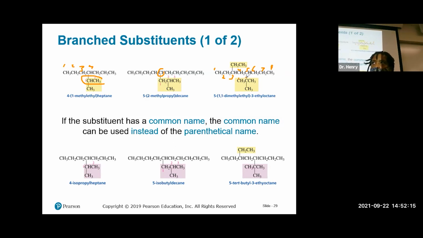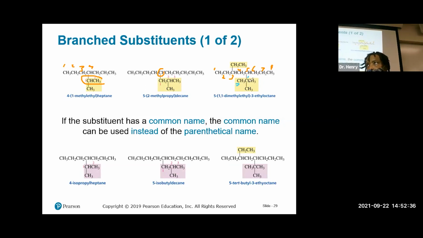Sorry, take that back. Let me put it in a different color, and it should be 1 at the one that's attached to the main chain. So that's the 1st carbon right here. This is our 1st carbon. This is our 2nd carbon. Or this could be our 1st carbon, and this could be our 2nd carbon.